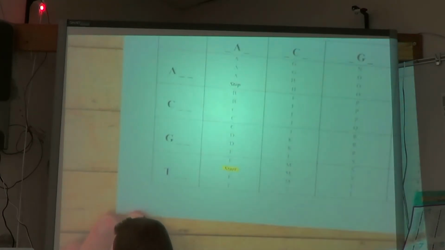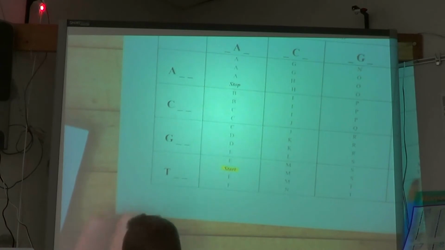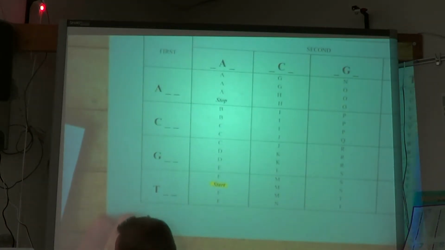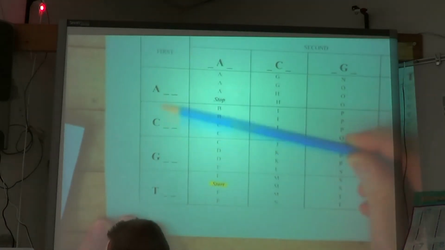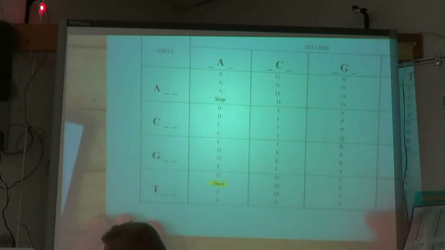Now the way this table works gets a little confusing at first, but hopefully the more you use it, you'll be like, oh, that's not so bad. We also have spots. The A is in the first spot, and then there's blank blank, because we look at a 3-letter combination that codes for anything inside the field here.